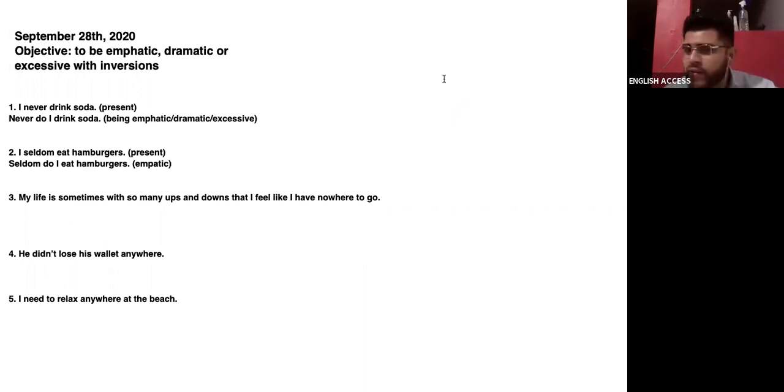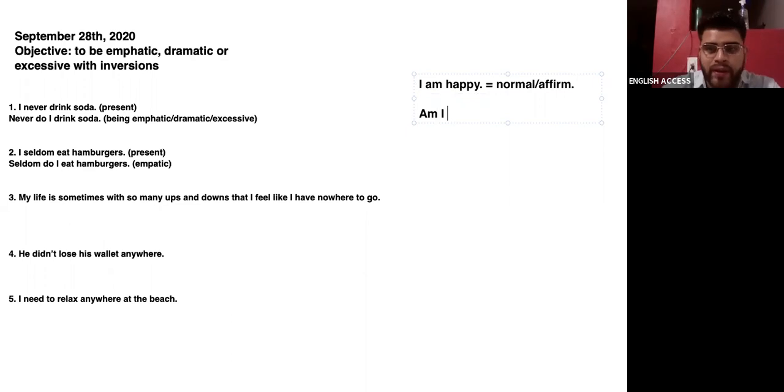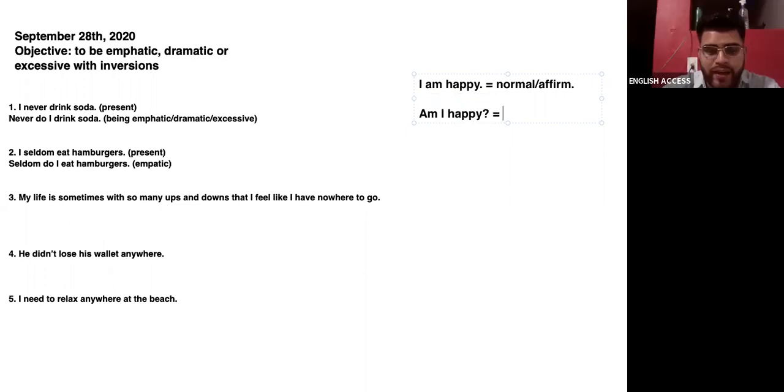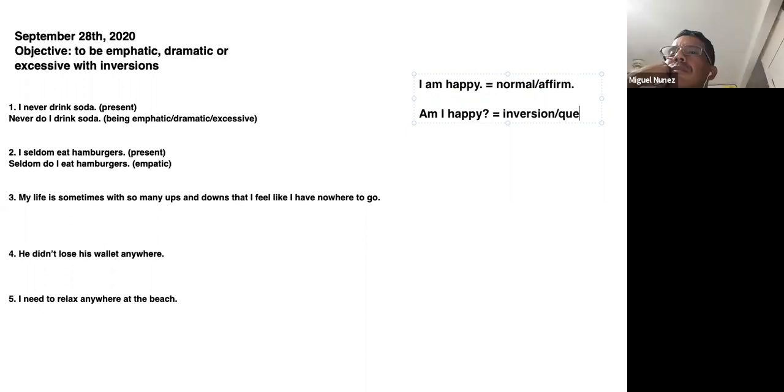An inversion is very simple. I am happy. That is normal, or in this case, affirmative. But if I say, am I happy? This is an inversion, or in this case, it is a question.